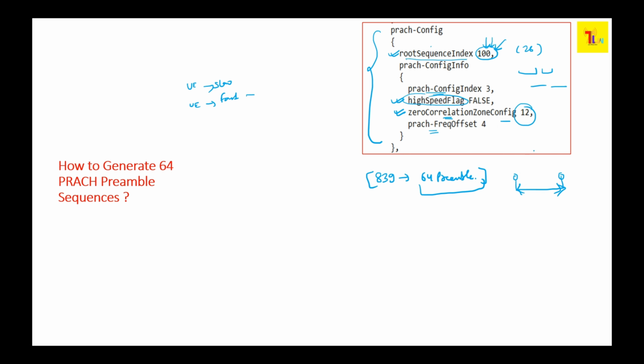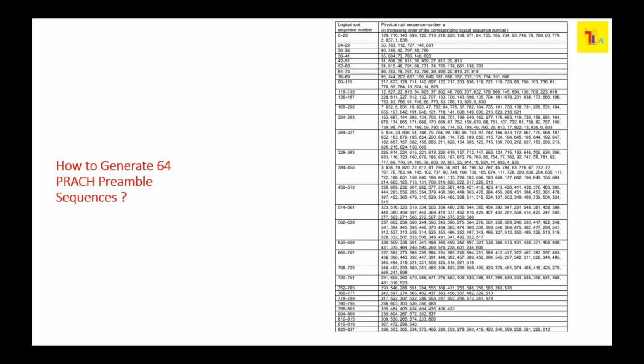Now try to understand with the example how exactly it is mapped, or how exactly we are going to define the root sequence. So this is the 3GPP table. This 3GPP table has the physical root sequence, denoted by mu.